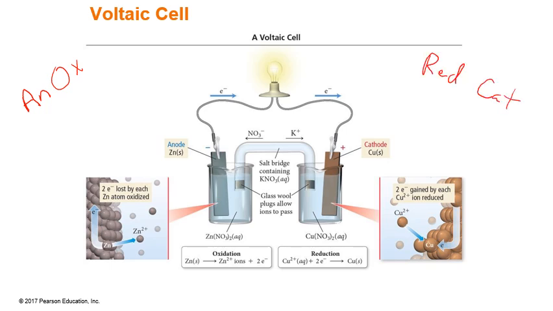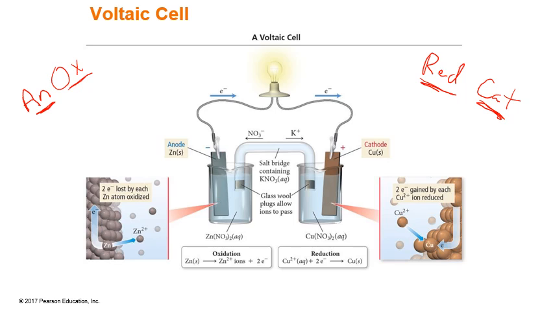What that stands for is the anode is where our oxidation occurs, and the cathode is where the reduction occurs. And this is just an easy way to remember these.